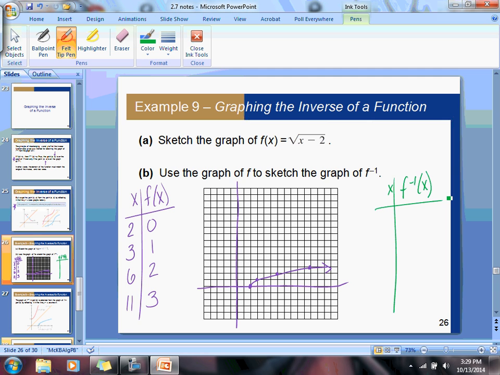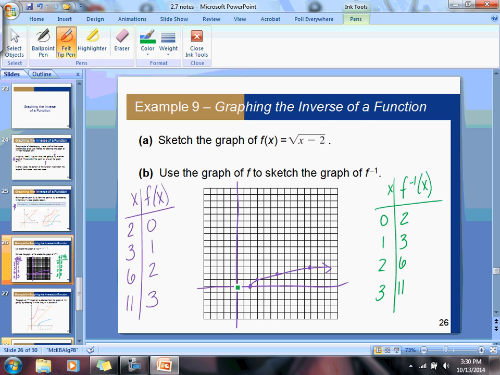And basically what I'm going to do is I'm going to take this table of values that I had and I'm going to flip-flop all my ordered pairs. So instead of (2, 0), I'm going to have (0, 2). Instead of (3, 1), I have (1, 3). And (2, 6), and (3, 11). That's super duper easy. You don't even have to put anything into your graphing calculator.